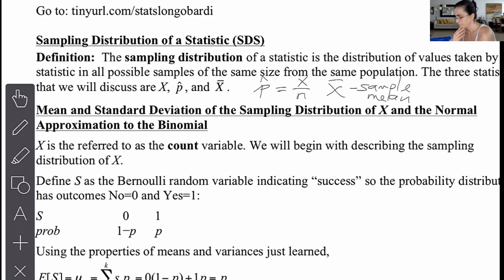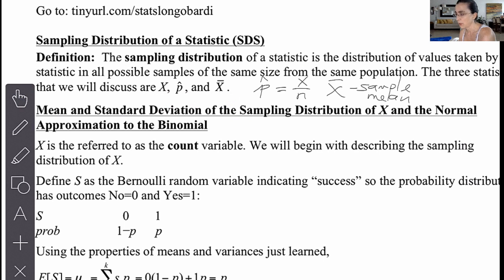So, we're going to derive, I'm going to explain to you how we understand what that distribution is going to look like. So this is the theory, the foundational support for how we're going to use this information later. Okay?